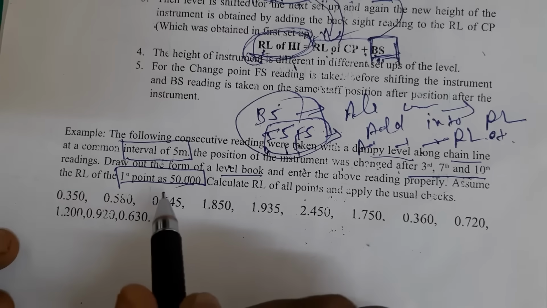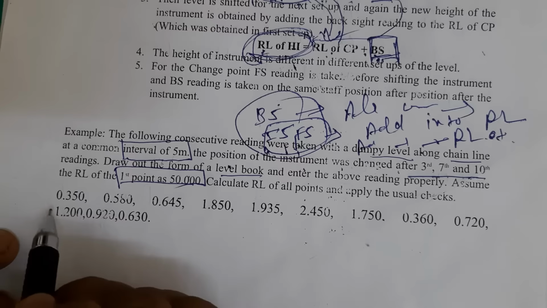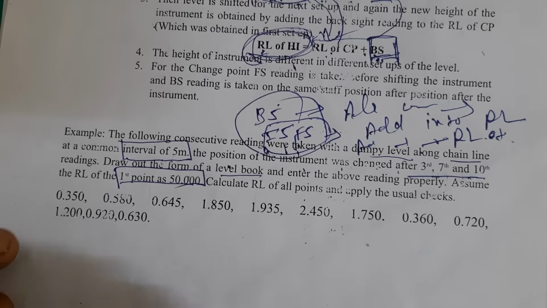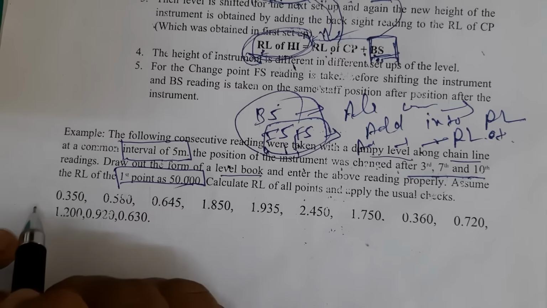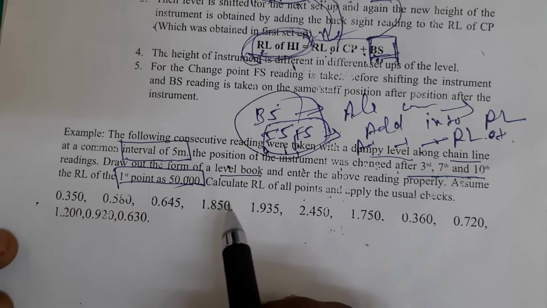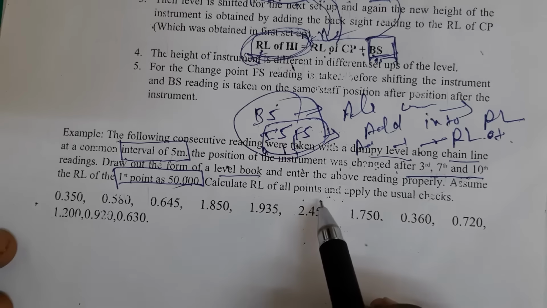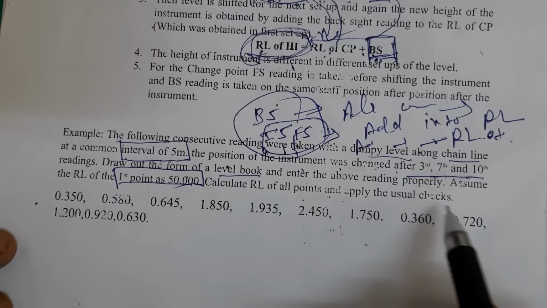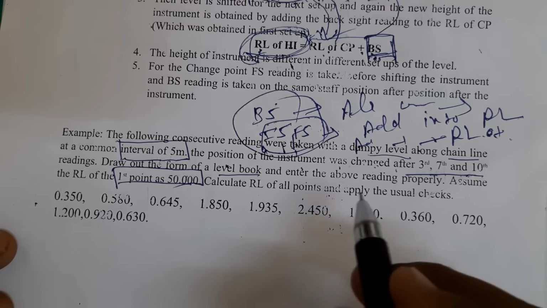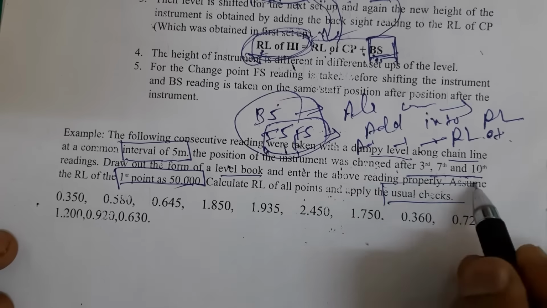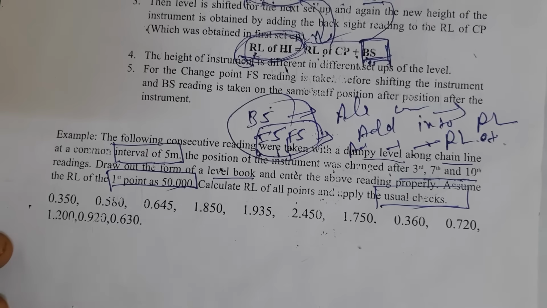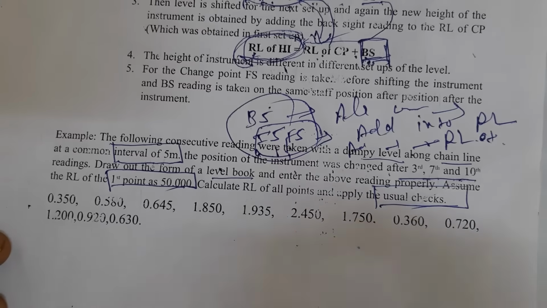So using this benchmark, the first reading is BS. Calculate the RL of all points and apply a check. The check is what we use to verify whether our readings and RLs are correct at the end of the calculation.